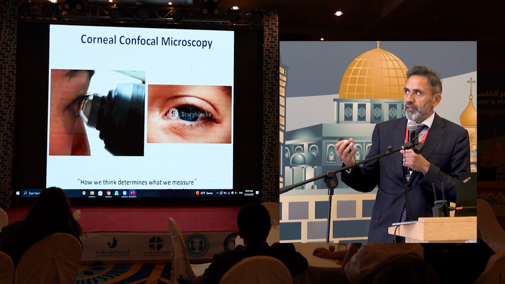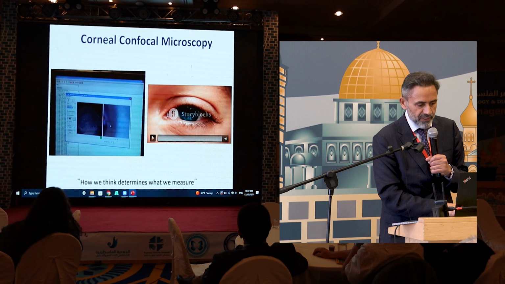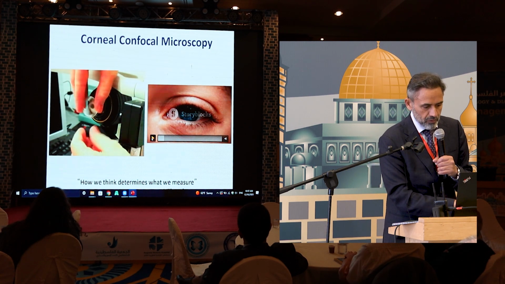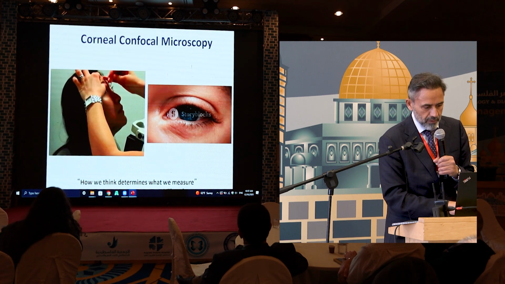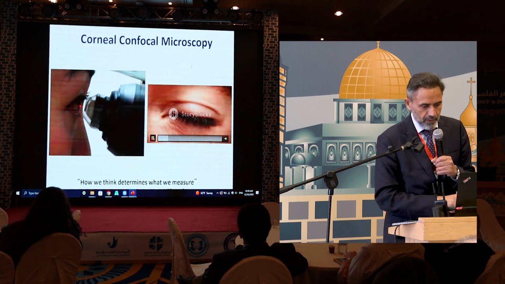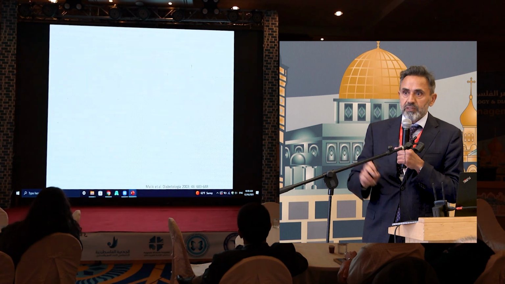It's really not very easy. And what you can see here are lines, and what you have is a window, an opportunity to look into the eye and measure nerve fibers.